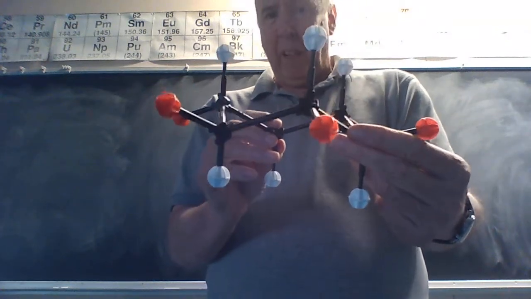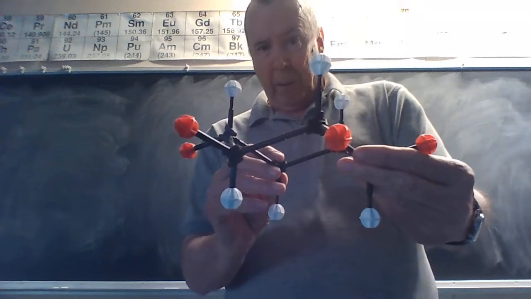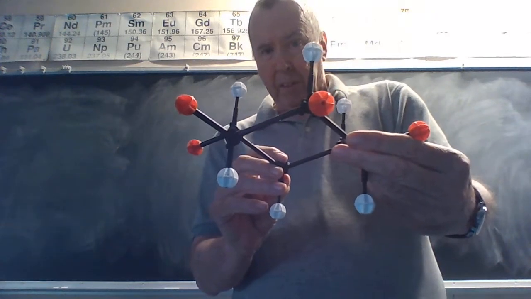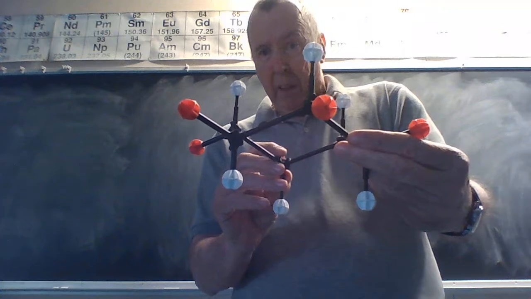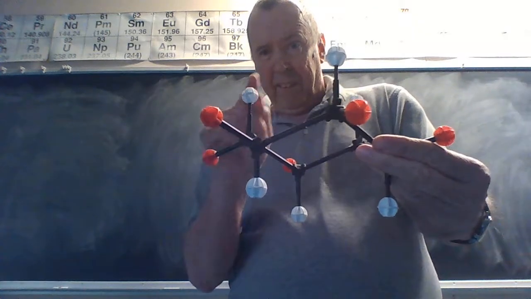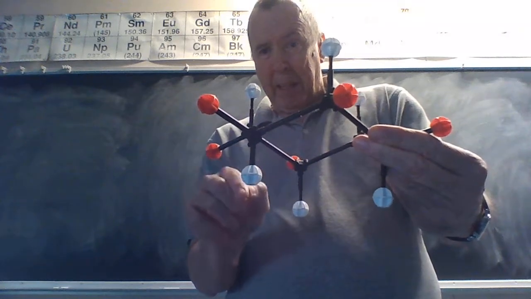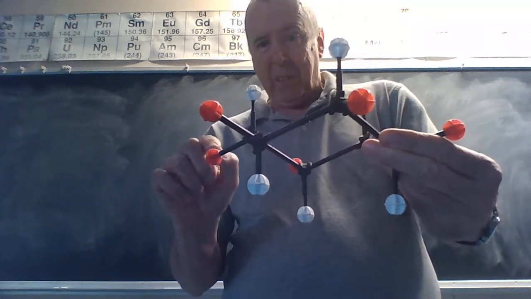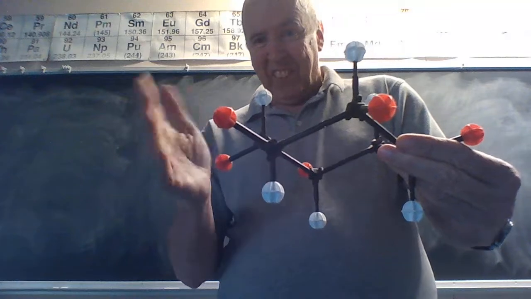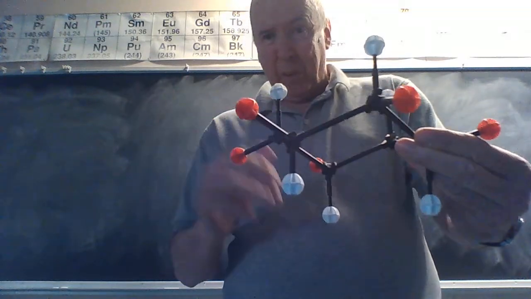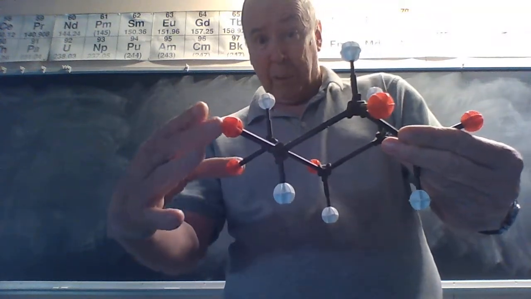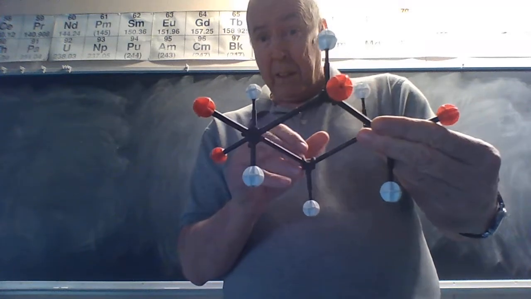Notice that, let me hold this so that you see the Newman projection there. Two axial hydrogens on adjacent carbons like that are going to be anti, whereas two equatorial hydrogens on adjacent carbons like these two red ones here are going to be gauche.